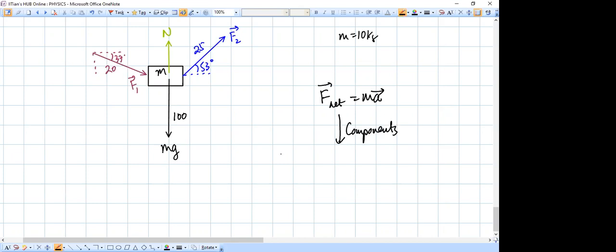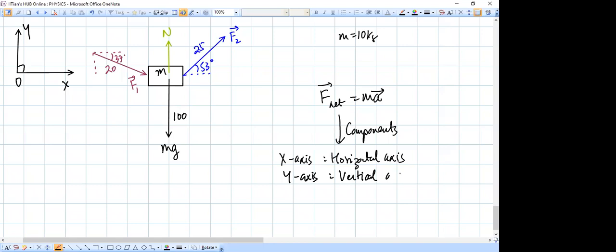Okay. Where we'll say x axis is the horizontal axis. We will take our system of x and y axis like this, that the horizontal direction is our x axis, the vertical direction is our y axis. So our system of x and y is like this. Now, when we are solving this, what we will see is that the acceleration of the body is going to be horizontal, sliding along the floor.